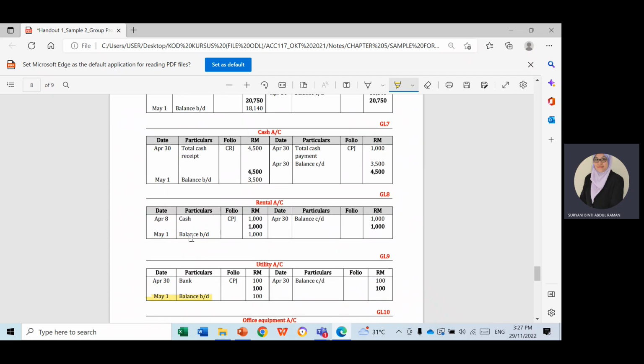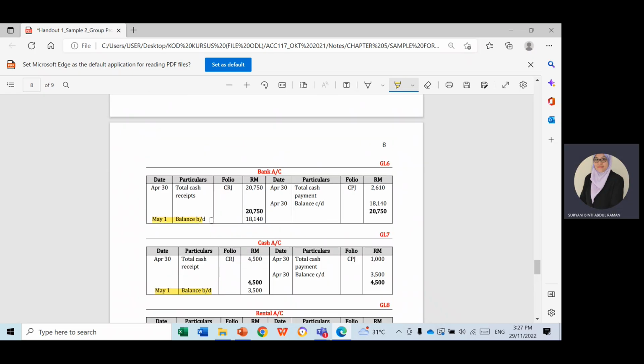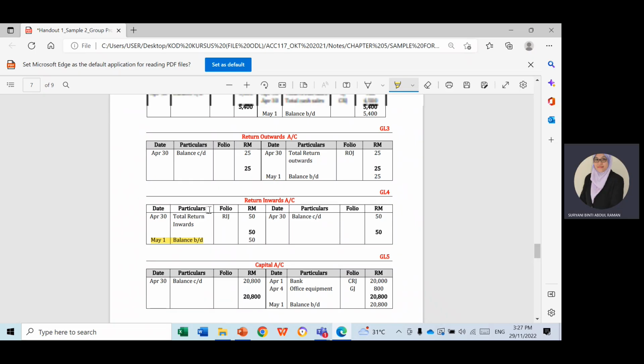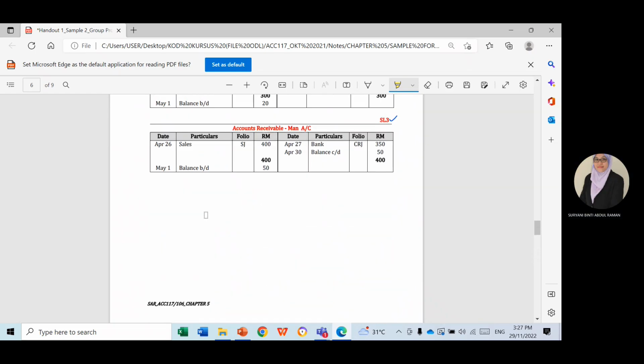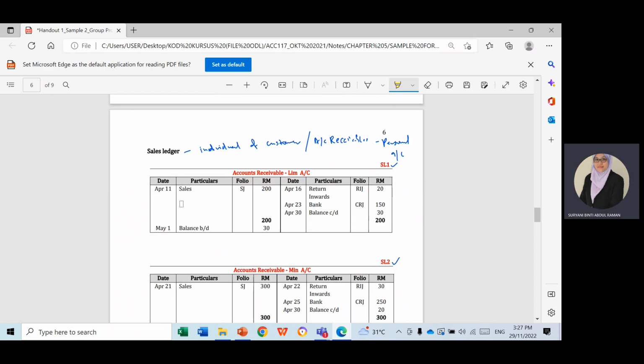Utility, balance brought down on the debit side. Same with rental, cash, bank account, return inwards, purchases, and all the receivable accounts: Min, Month, and Lim.